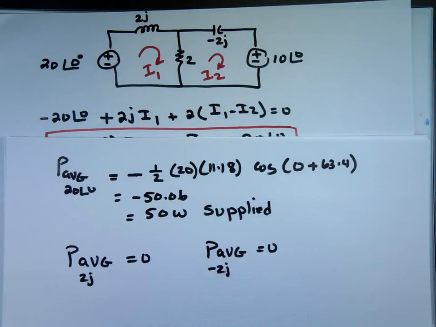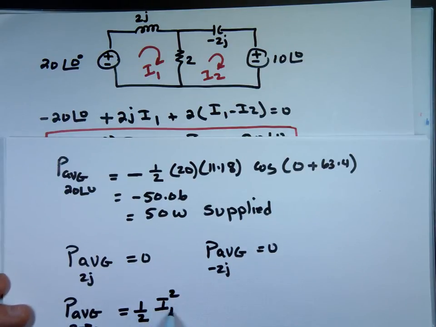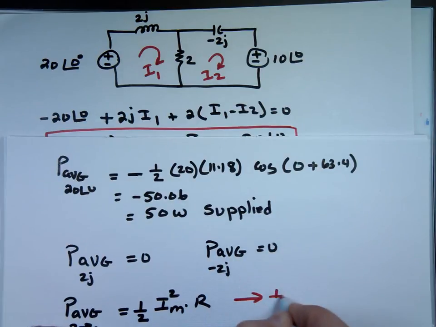The average power by the 2 ohm resistor. I need to know the current through it. I'll use 1/2 I squared max times R, but I need to know what I is. I for that is going to equal I sub 1 minus I sub 2. Let's go to our calculator and subtract I sub 1 minus I sub 2.